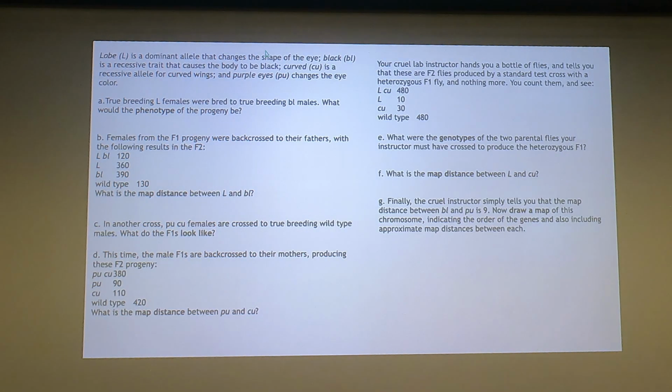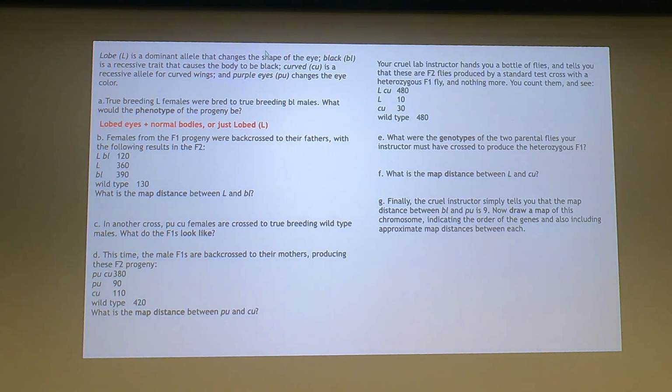Go ahead. Wait, it asks for phenotypes, not genotypes. Well, they'd have the eye shape of the females, and they would have normal or wild type body color. Okay, right. So they would be lobe-eyed, and they would have normal body color. Very good, yes. So that's our phenotypes.